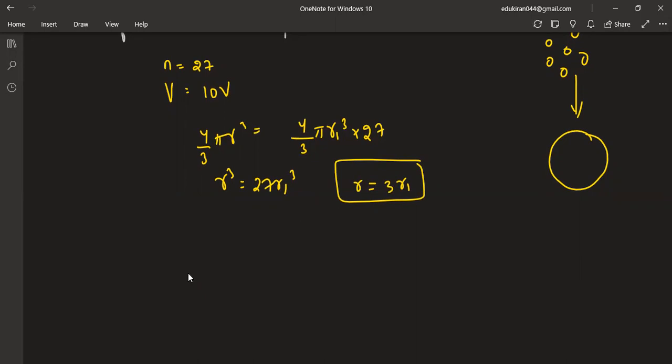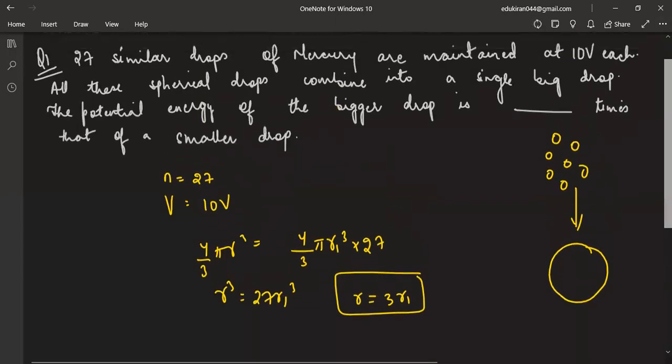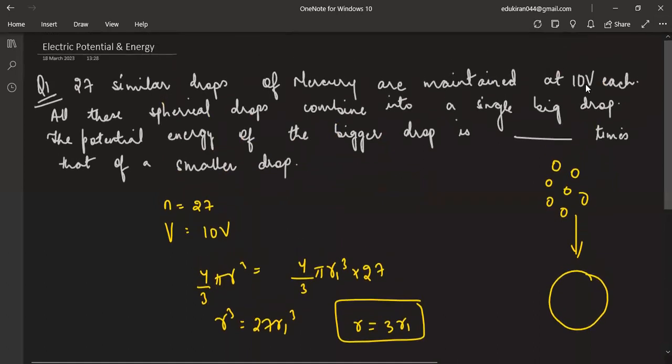What data is given? 27 similar drops of mercury are maintained at 10 volt each. So the potential of a single drop is 10 volt, already given. What will the potential be now? Since the radius is 3R1, it will become 3KQ by 3R1.